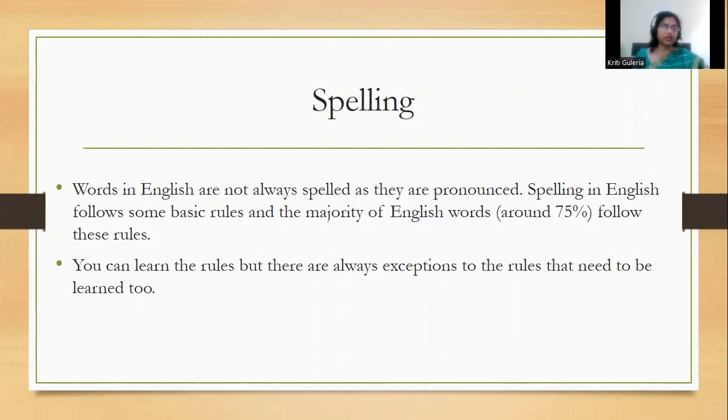Words in English are not always spelled as they are pronounced. Spelling in English follows some basic rules, and the majority of English words, around 75%, follow these rules. Though in fact, there are certain exceptions to these rules, which we need to study through this presentation.